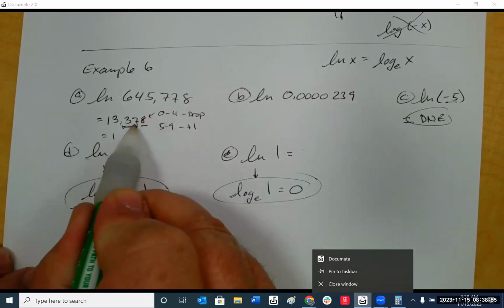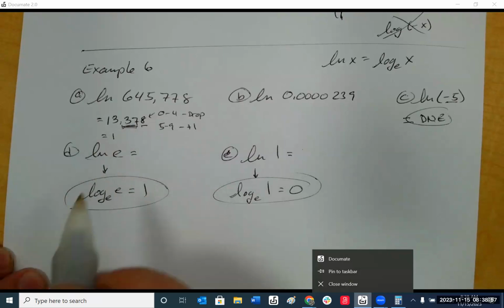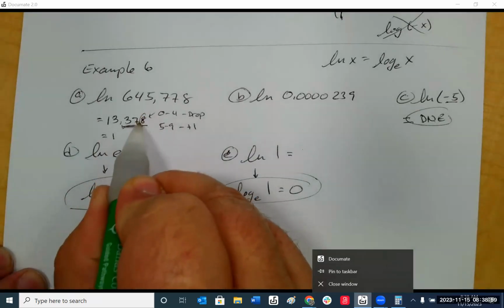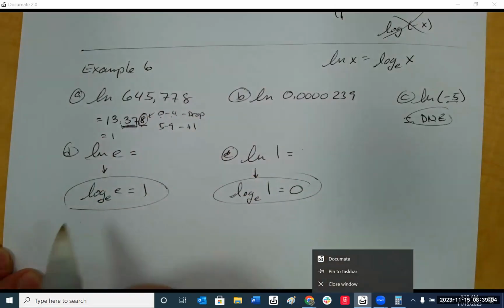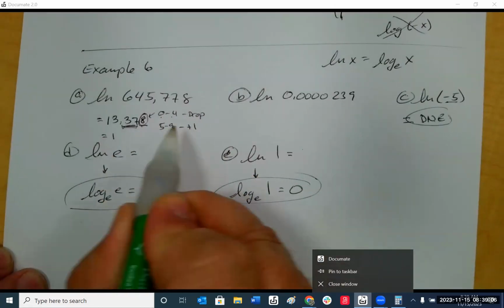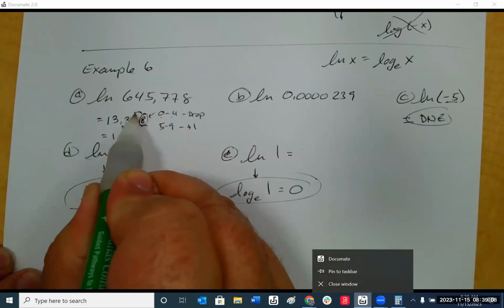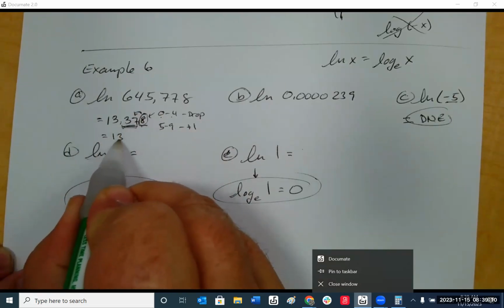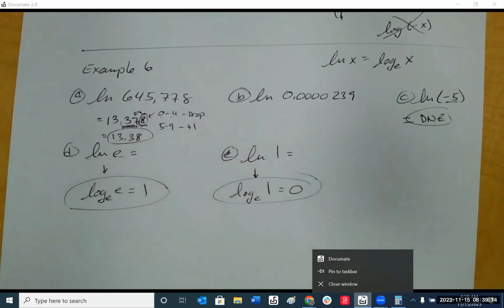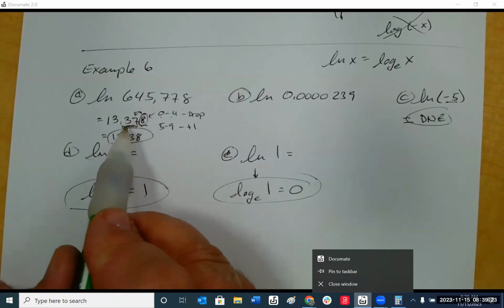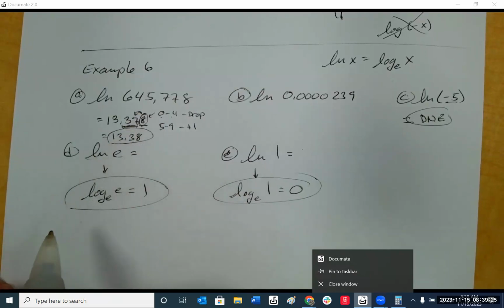I want only rounded to 2 decimal places. If the third decimal is between 0 and 4, I just drop it. But if it's between 5 and 9, I add 1 to that one. So the answer is 13.38. So that's if I only rounded to 2 decimal places.